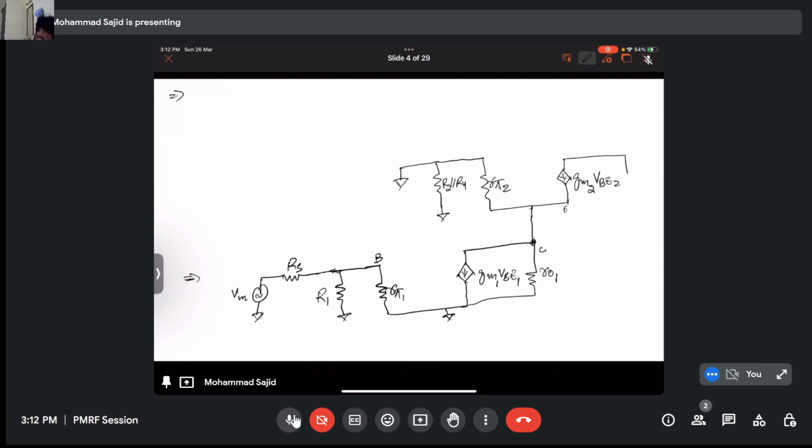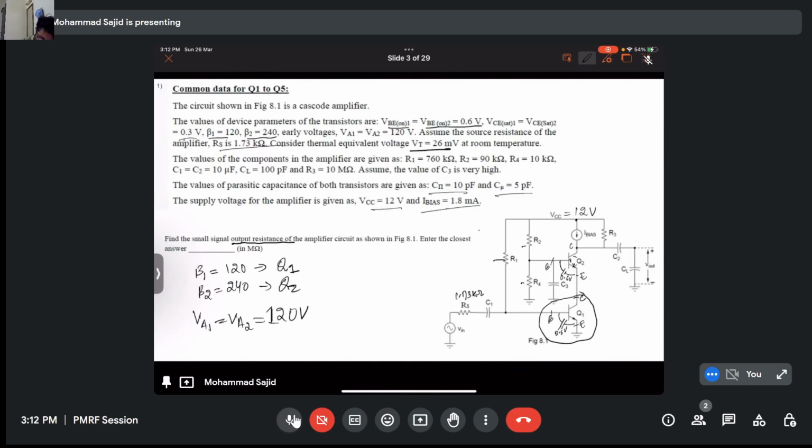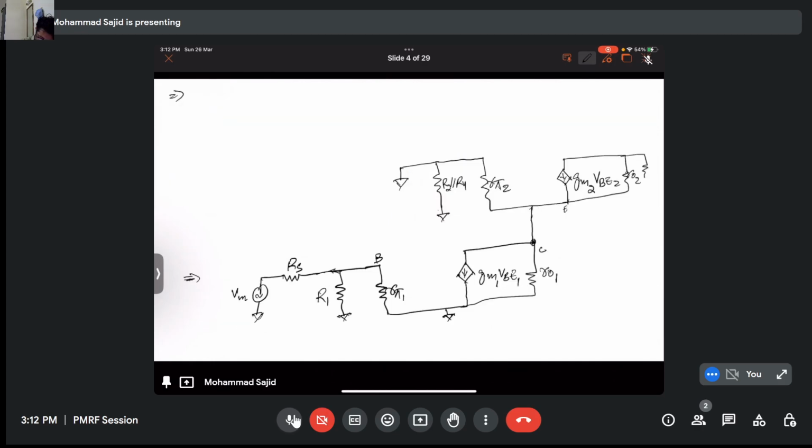And we will have R2, and at the output we have R3. This is your output. Is this alright? I hope this is easy to draw. This is the equivalent circuit.